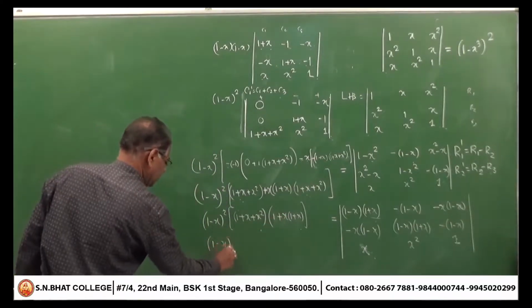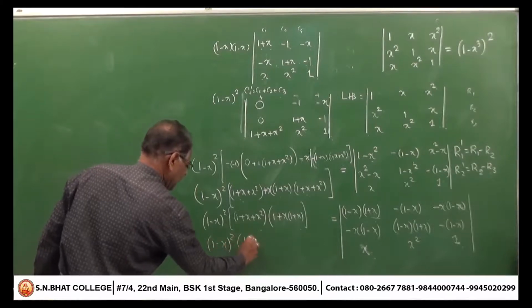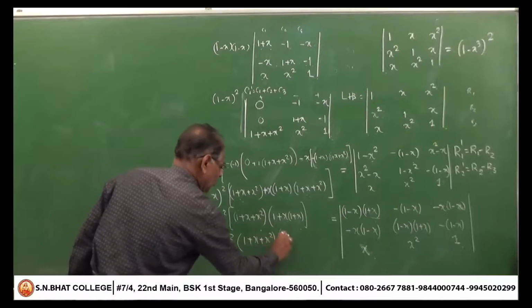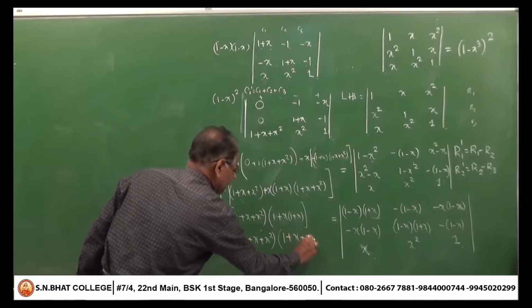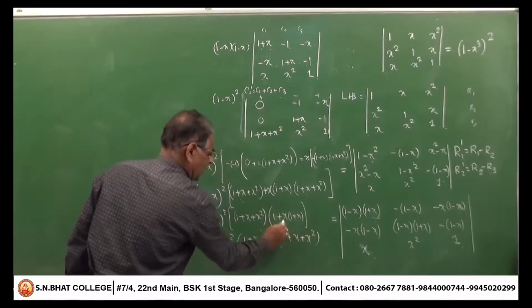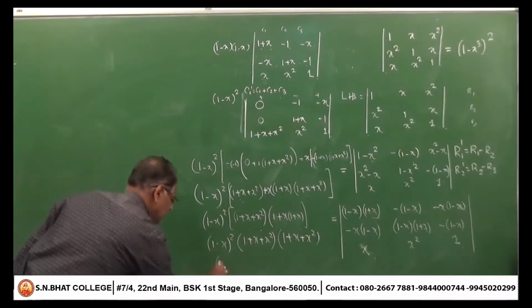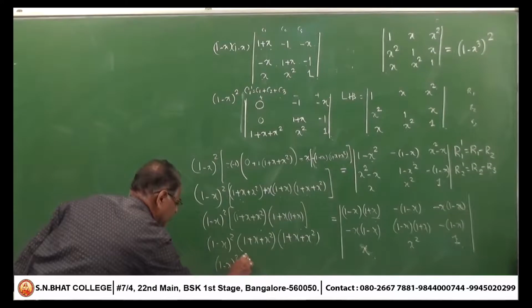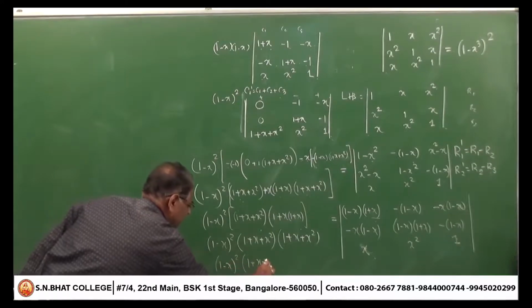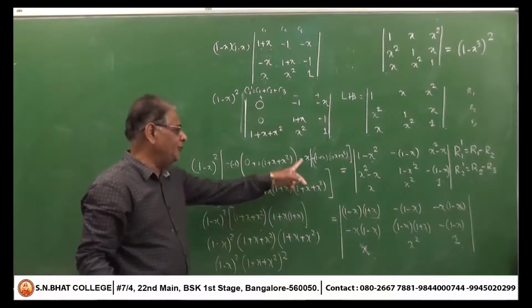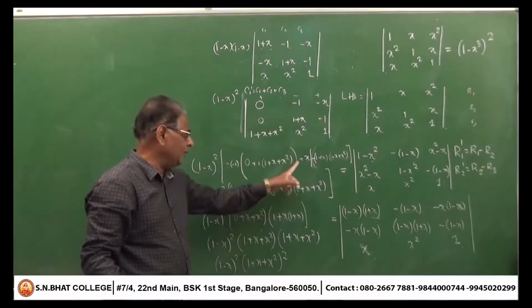This is (1 minus x) whole square into (1 plus x square) into multiply (1 plus x square). 1 x into x is x plus x square. This is (1 minus x) whole square into (1 plus x square) whole square. See here I have left x here. Please add x.